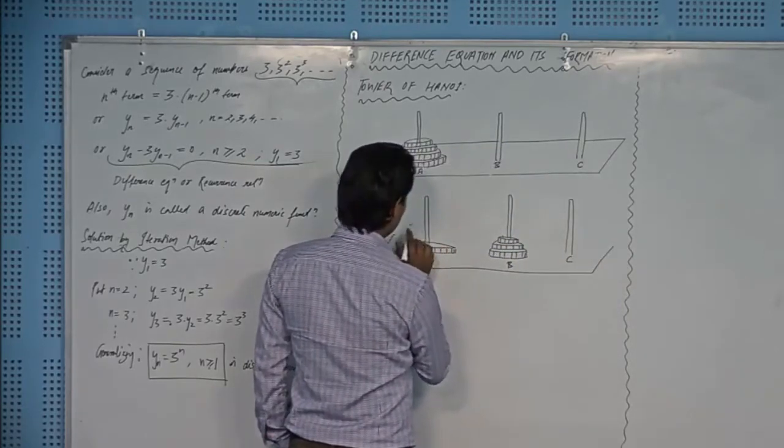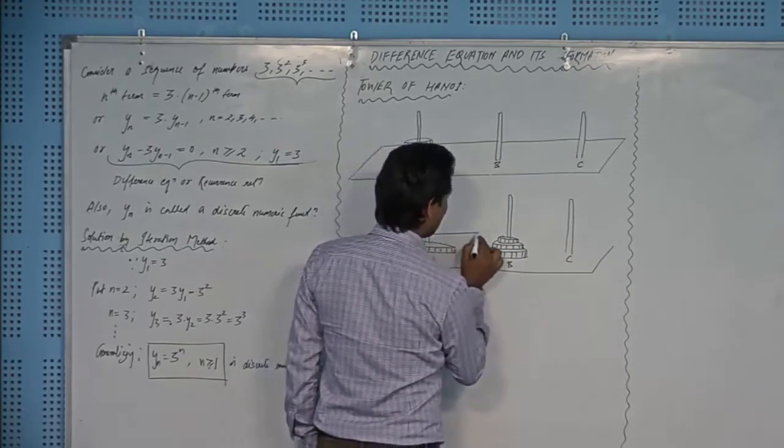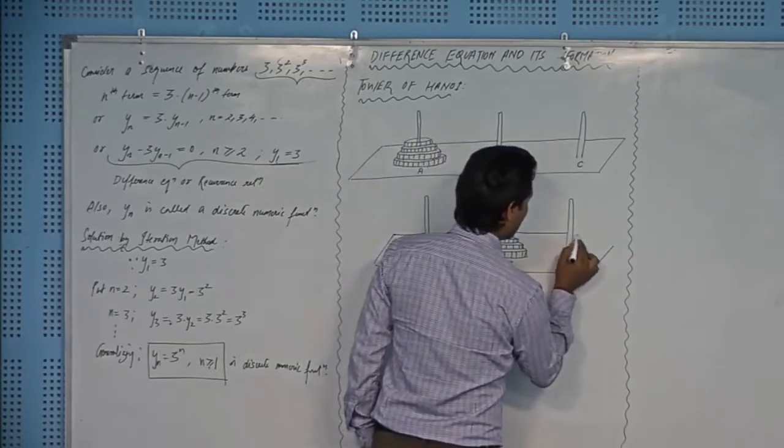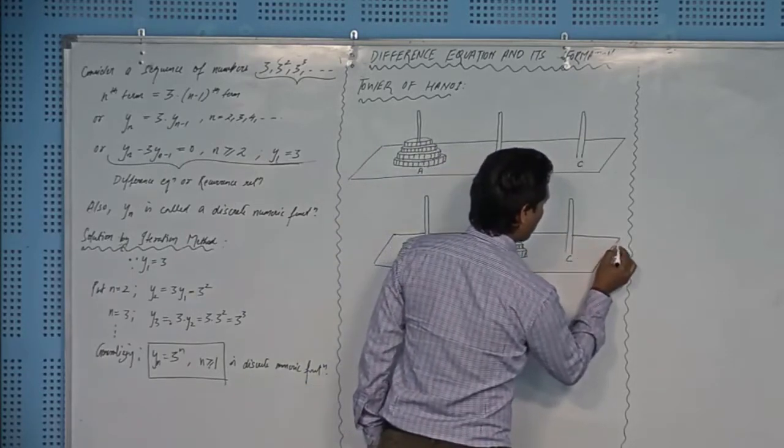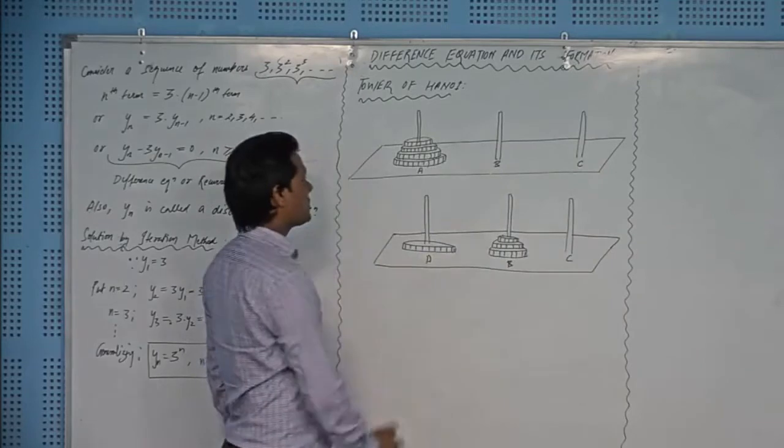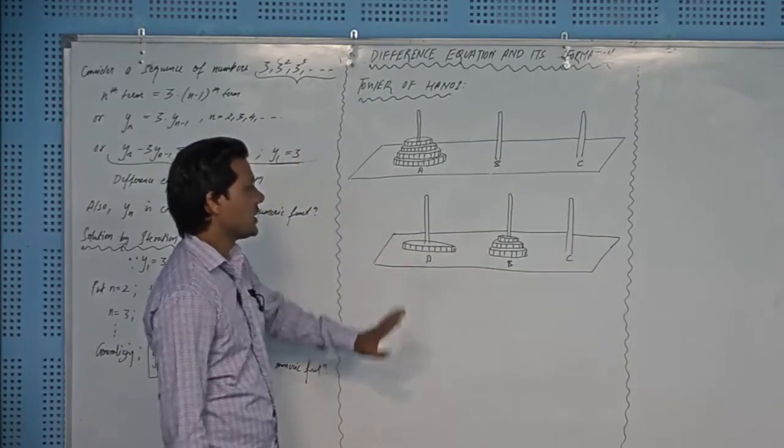And you can see that all of these n-1 discs are now at peg B, and the last disc is there at A, right?